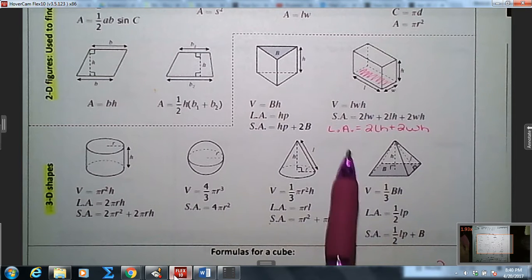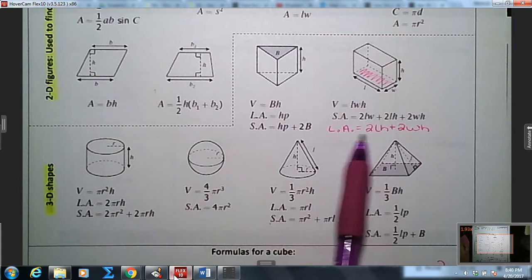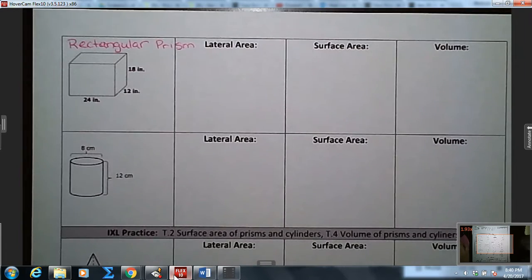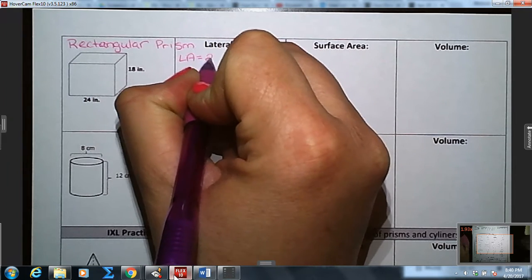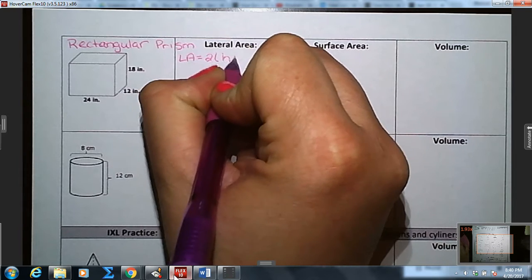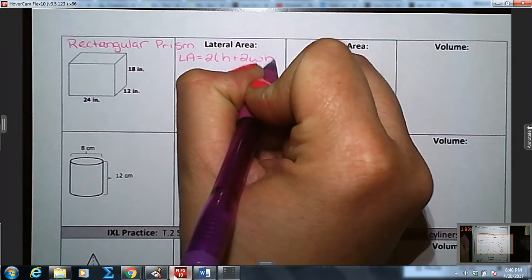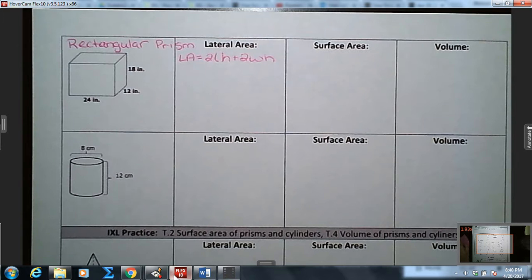Okay, so I'm going to use this formula that we just came up with to solve for the lateral area of this rectangular prism. Lateral area. I'll jot down my formula here so I'll know where I got my numbers from: 2 length times height plus 2 width times height.